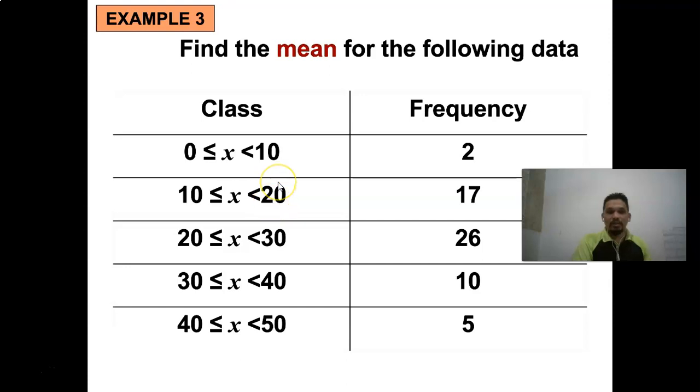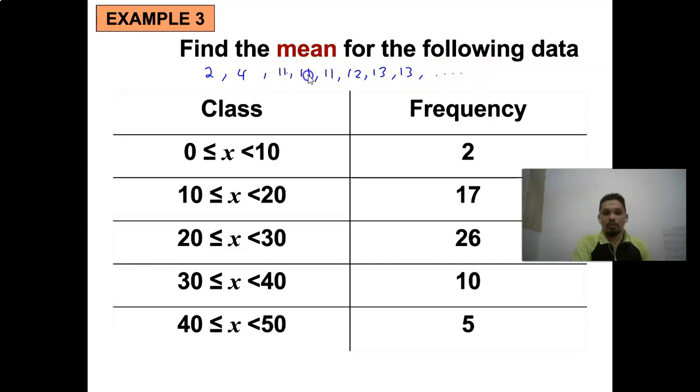Okay, for example, let's say the numbers of x that appear in the range of 0 and 10 might be 2. And the numbers in between 10 up to 20 appear 17 times. So it might be 11, 11, 11, 12, 13, and 13.